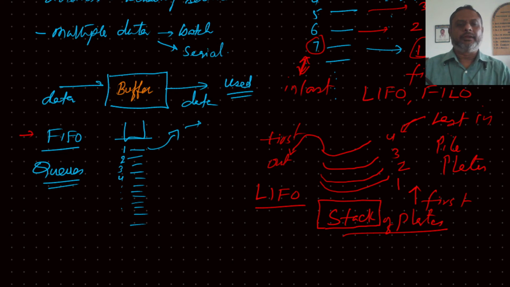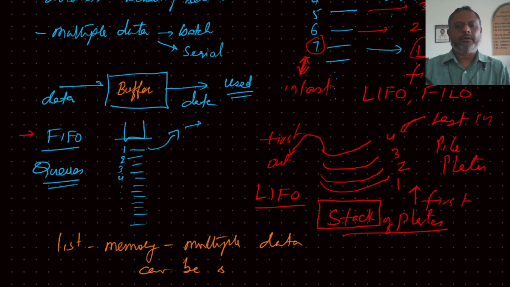Buffer is simply a list of memory where multiple data can be stored and retrieved. So storage is not in our hand. Whatever comes first has to be stored first.